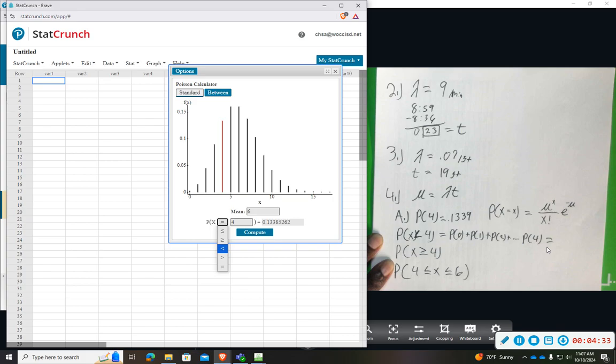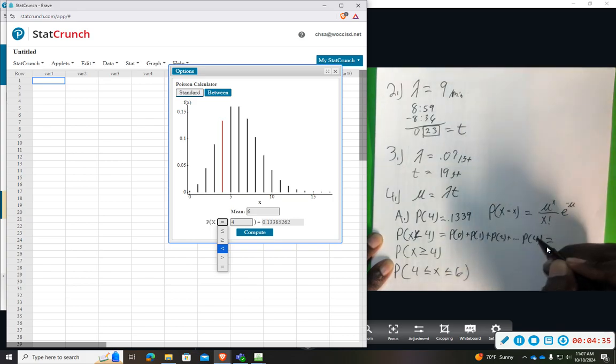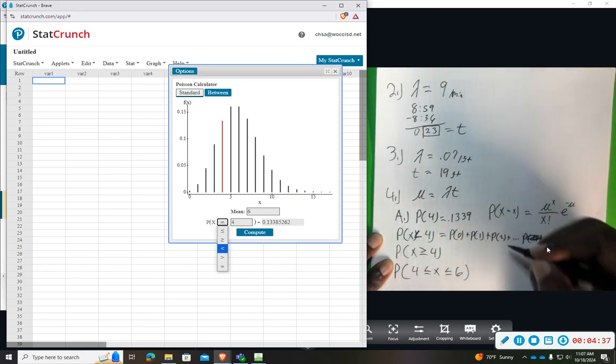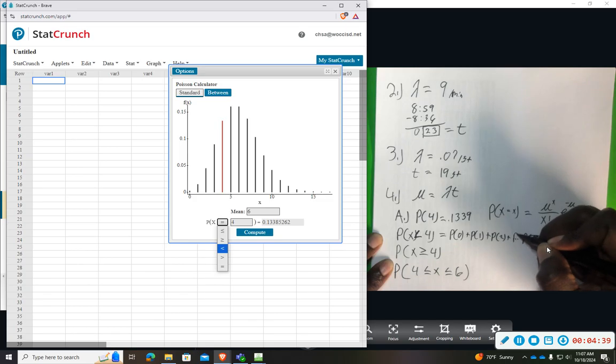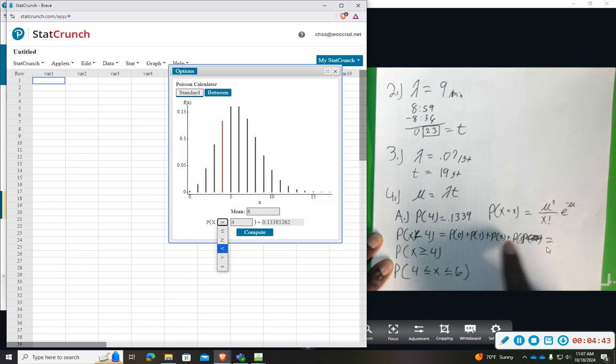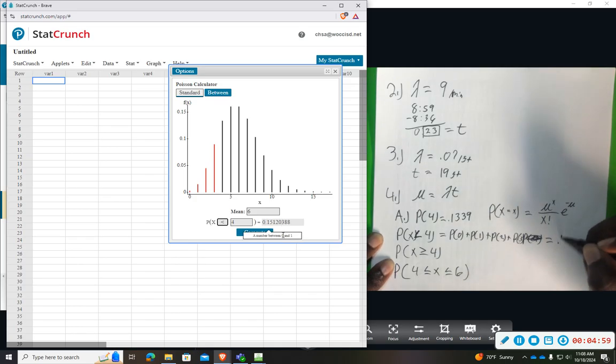It's not including 4. It's just going to 3. I'm sorry, fix that. So I could have just done one more probability of 3. So it's just doing 0, 1, 2, and 3. Less than 4 does not include the 4. So we're just going to say less than 4, and it does it automatically. So we got 0.1512.